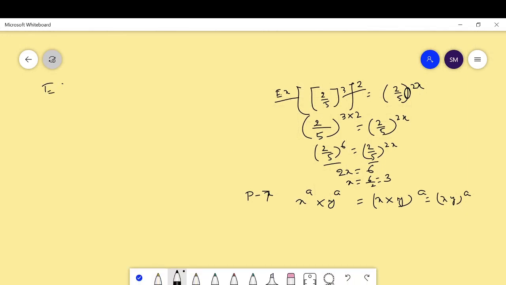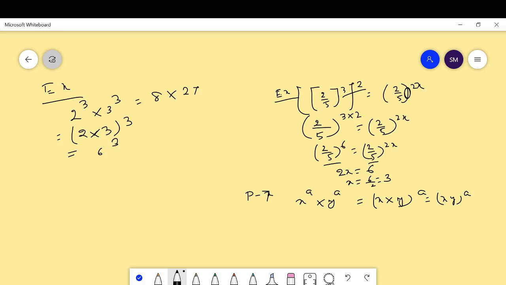Look at here. Suppose the question is given 2 to the power 3 into 3 to the power 3. This can be written as (2 into 3) to the power 3. Here the base is different but the exponent is same. This is equal to 6 to the power 3. Let us prove. 2 to the power 3 means 8. 3 to the power 3 means 27.